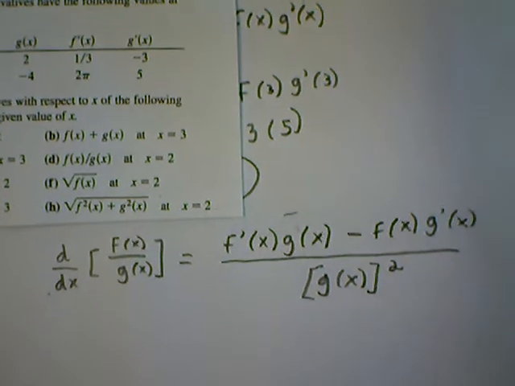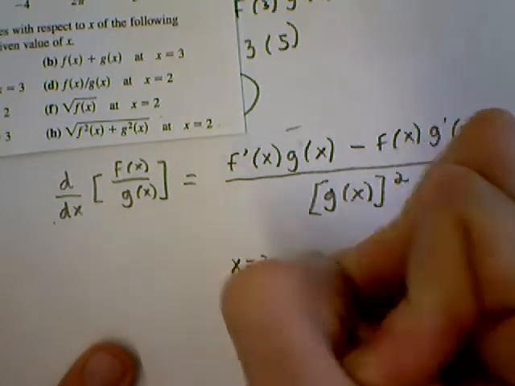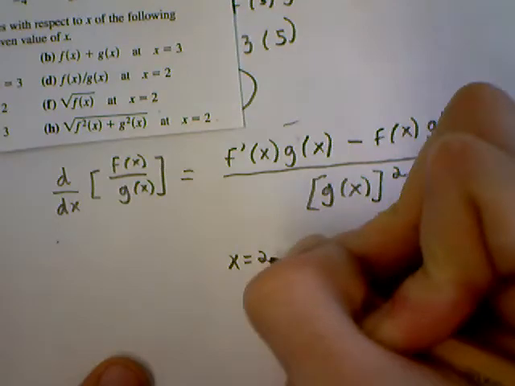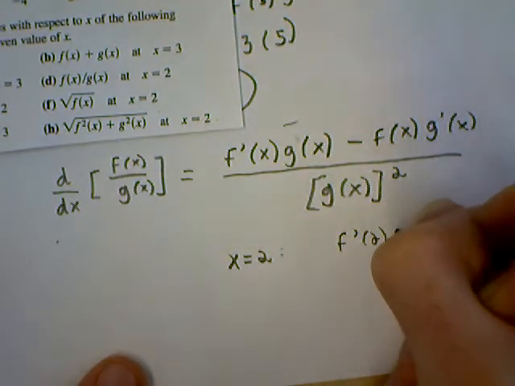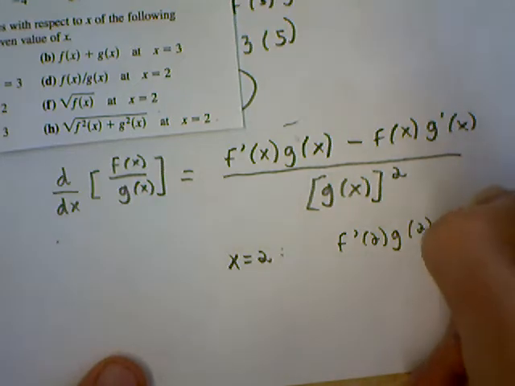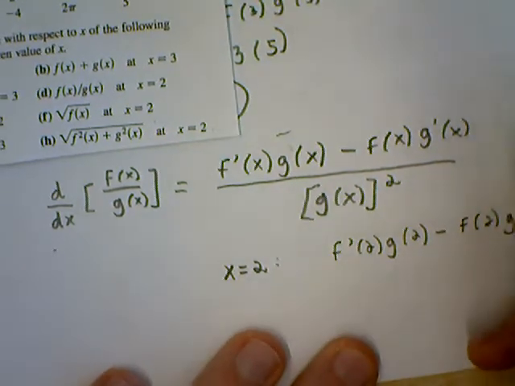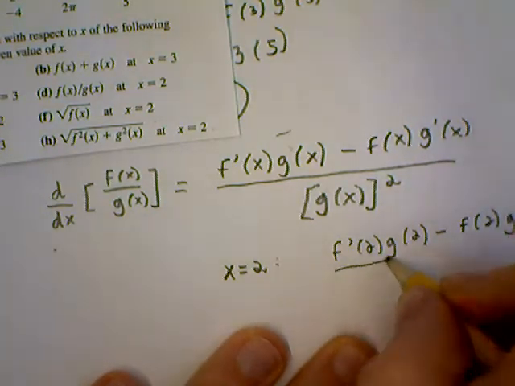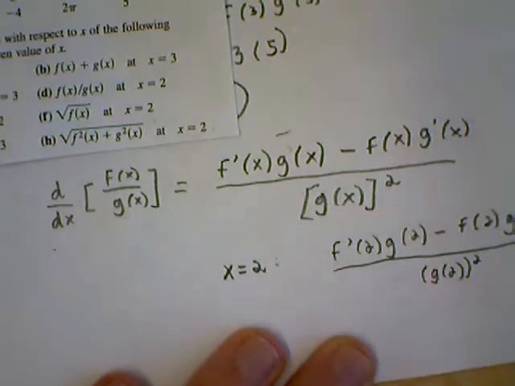I'm evaluating at 2, so I'm going to plug in 2 now. That gives me f prime of 2 times g of 2 minus f of 2 times g prime of 2, all over g of 2 squared.